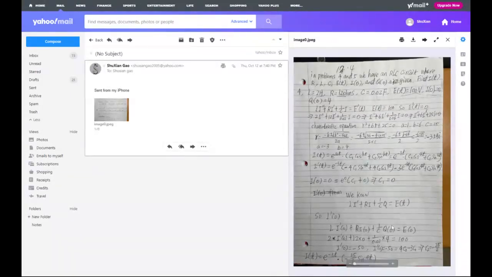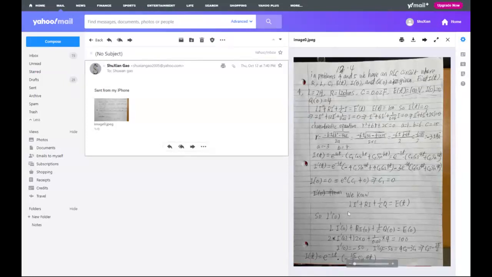So we have the equation, we know L times I prime plus I R plus 1 over C times Q equals E of t. Taking the derivative at the initial time, this is L times I prime initial plus R times I initial plus 1 over C times Q initial equals E initial.